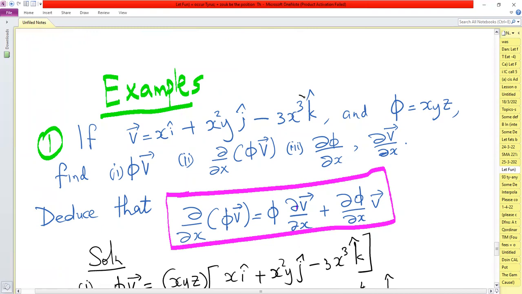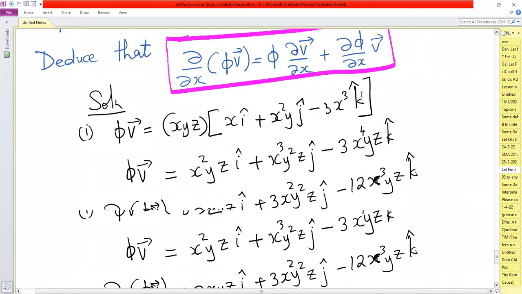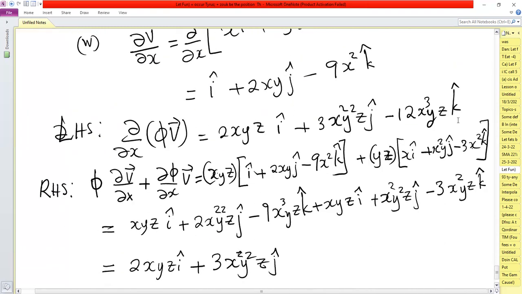The power here is 3. So therefore, this ought to have been 3, so that now this power is 3. Now, minus 3x cubed yz k minus 9x cubed yz k, there will be 12 of them.